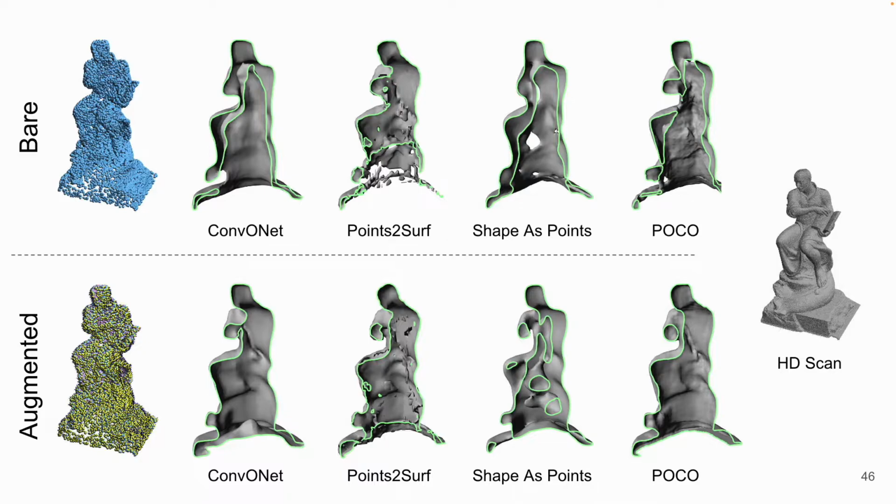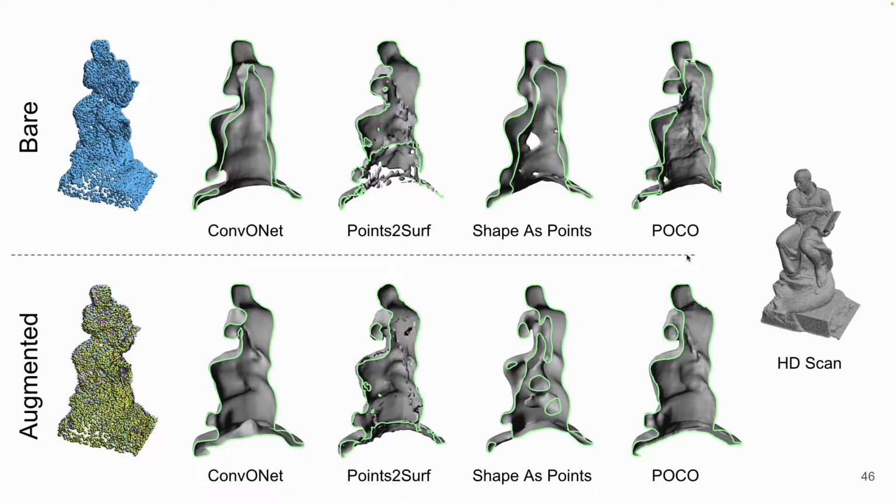And here I visualize a cut of this statue, and you can see that the reconstructions from the bare point clouds are actually hollow. So here you can see it here and these parts here. And this is because the network cannot well distinguish between inside and outside.